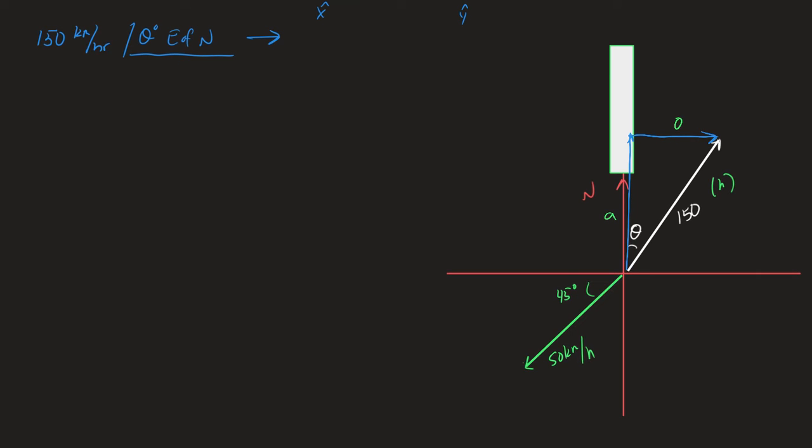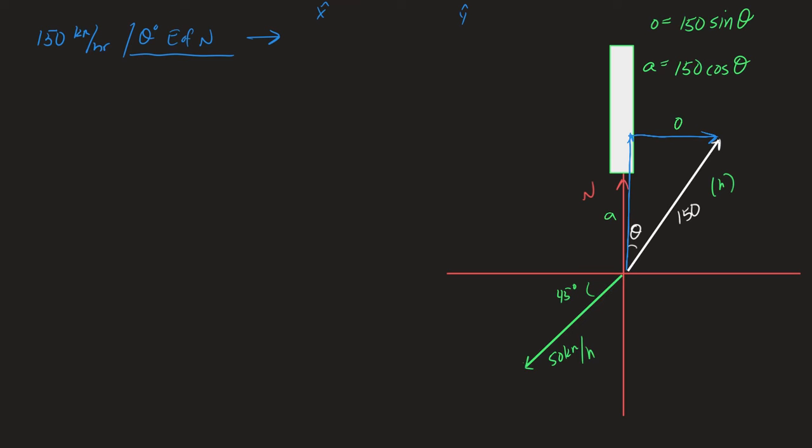And I've reached a point now where I don't feel like writing everything out. If you have to write everything out, then that's good, do so. But I can look at this and say that the opposite is going to be 150 times the sine of theta, and the adjacent is going to be 150 times the cosine of theta. Now, you might need to write out sine theta equals opposite over hypotenuse, and cosine theta equals adjacent over hypotenuse to reach the same conclusion.